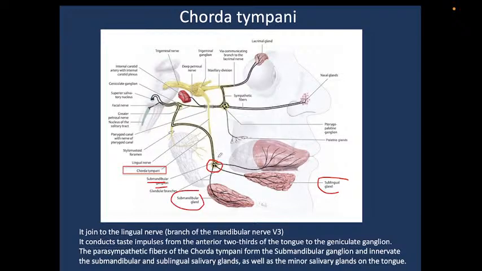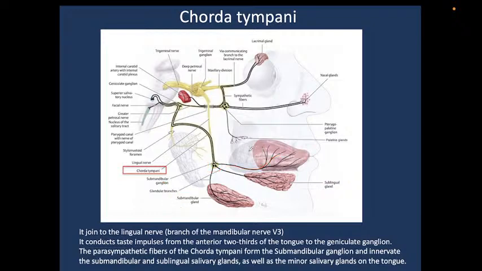But also the sensitive fibers pass through the submandibular ganglion and come into the tongue. These fibers are responsible for taste. They conduct taste impulses from the anterior 2/3 of the tongue.